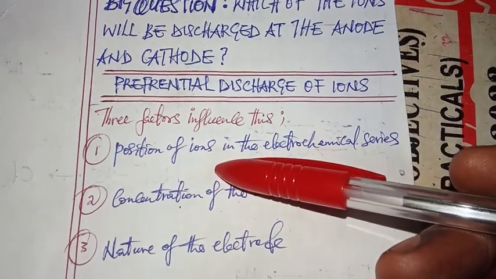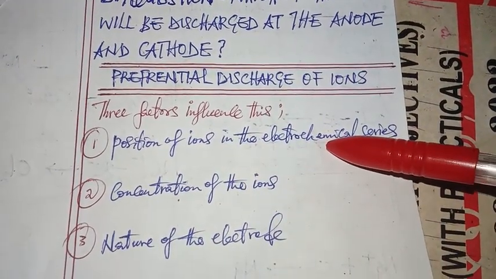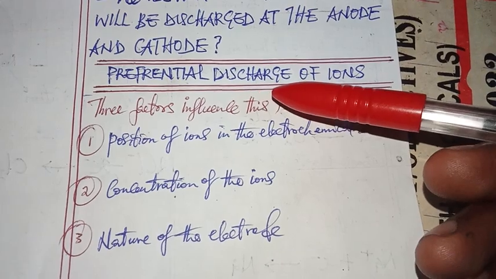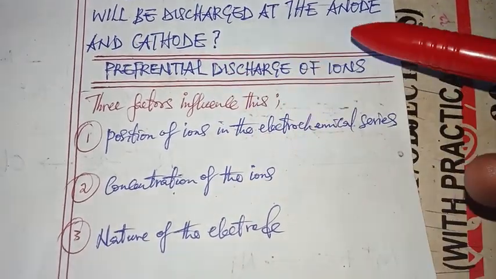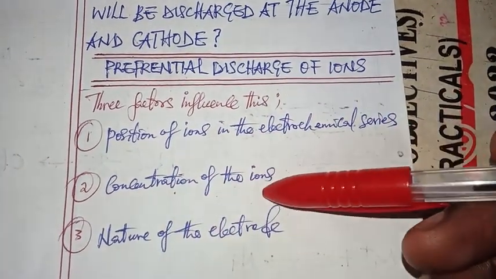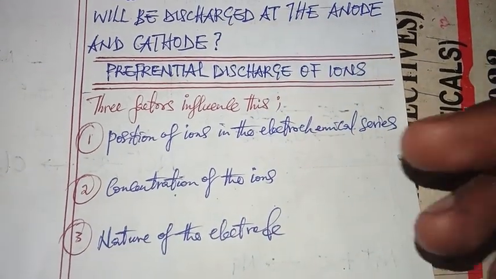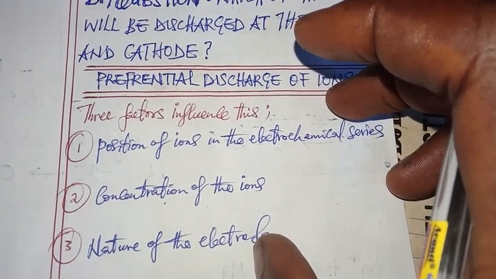Number one, position of ions in the electrochemical series. This factor is concerned with how strong or how weak one ion is relative to the other. Number two, concentration of ions, and number three, nature of the electrode.